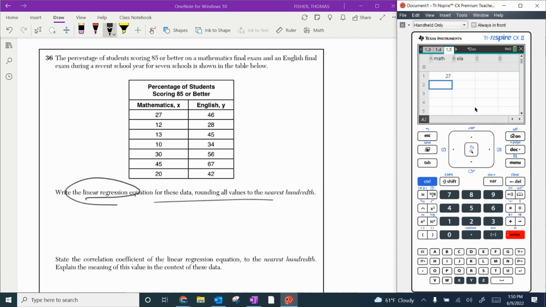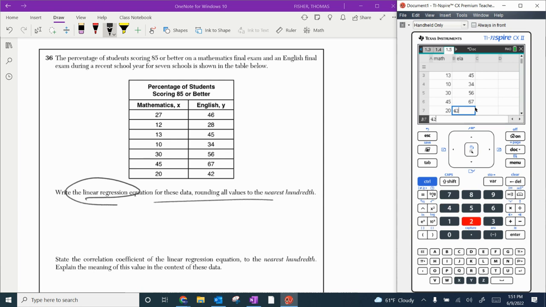So 27, just going to put all the data in. 12, 13, 10, 30, 45, 20, 46, 28, 45. The key is just not to miss any.